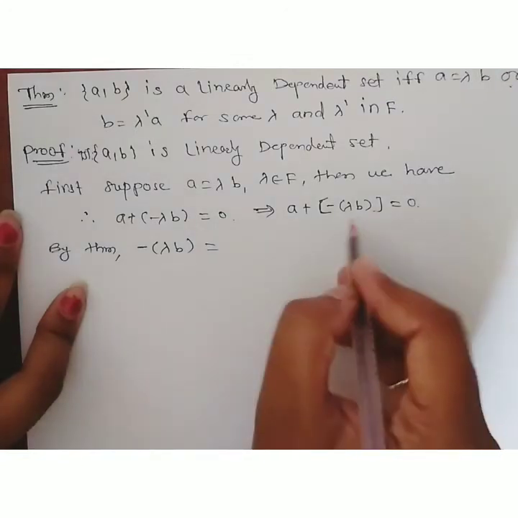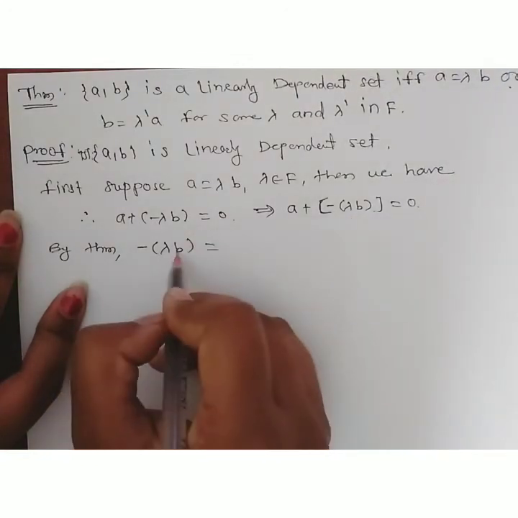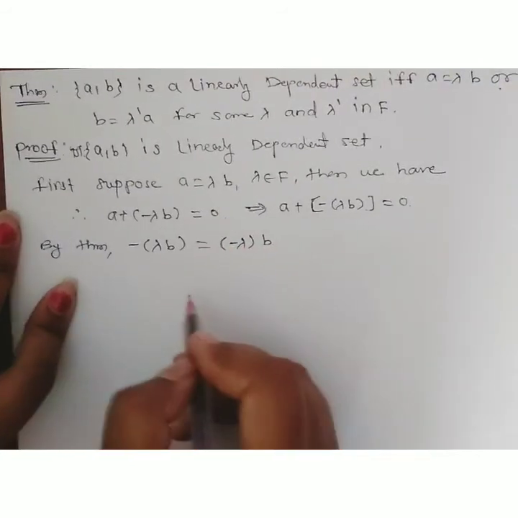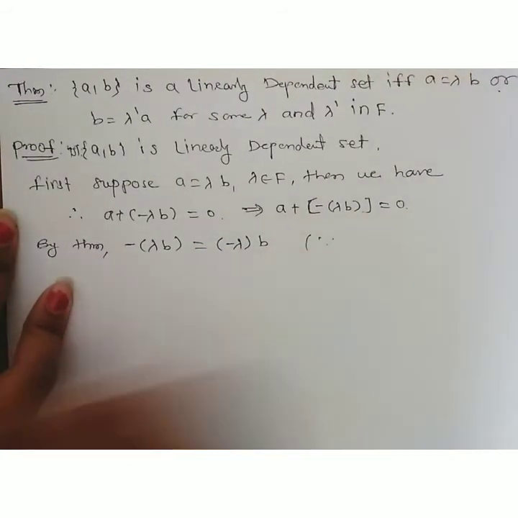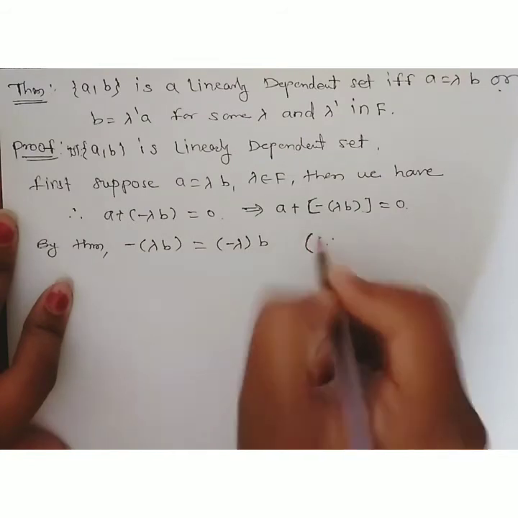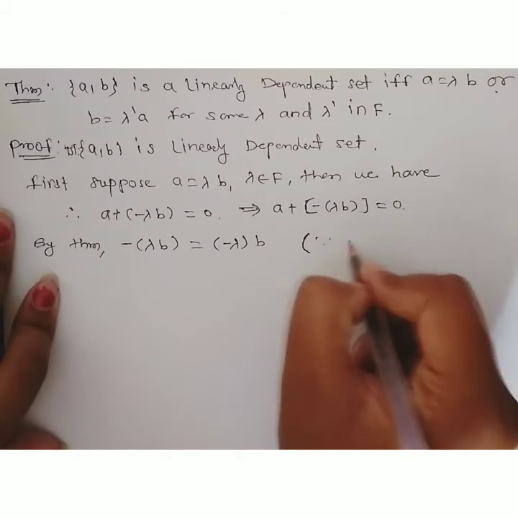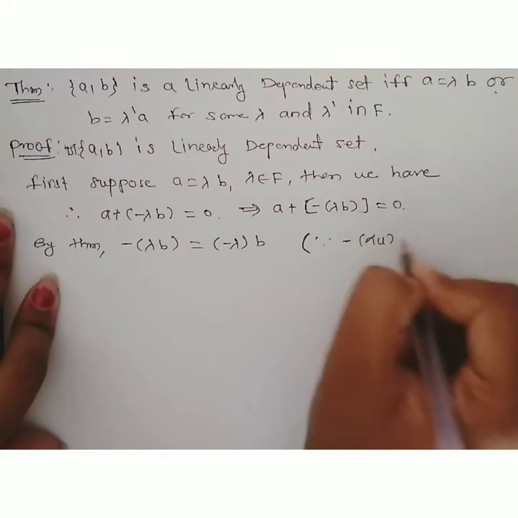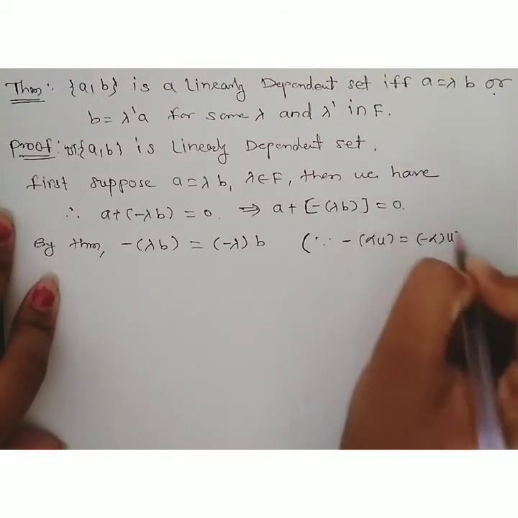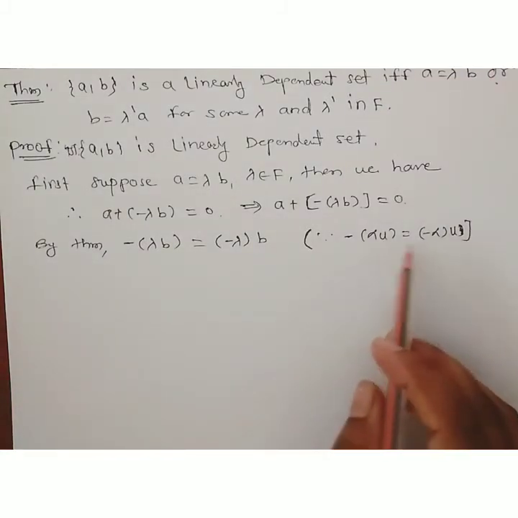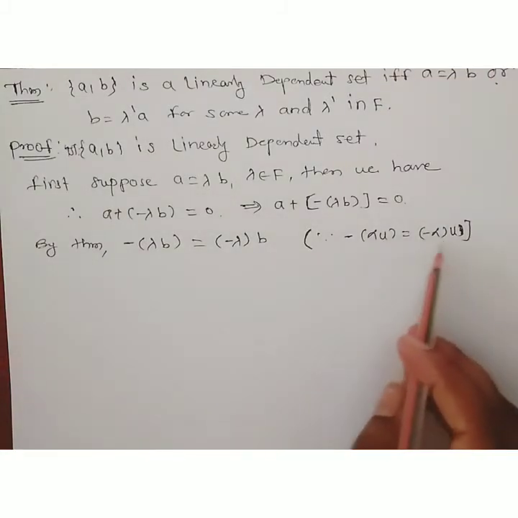Then minus of lambda B can be written in vector form as minus lambda into B. Why does this happen? Because of the theorem based on the properties of vectors: minus of alpha u is equal to minus alpha into u. This theorem is already studied by us.